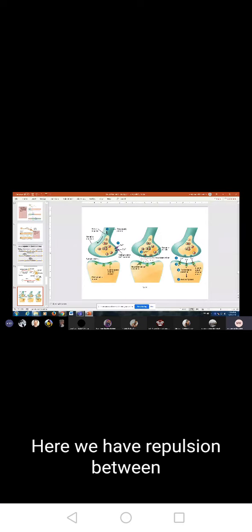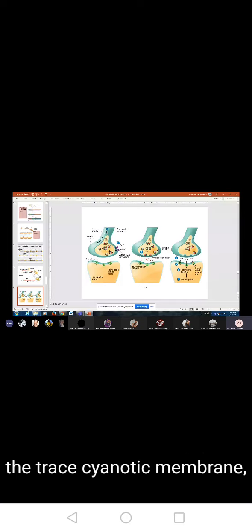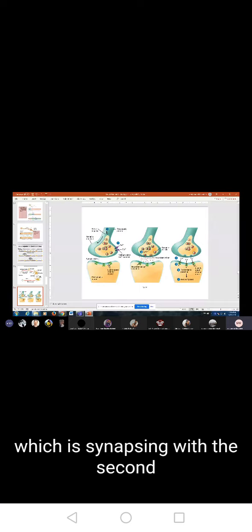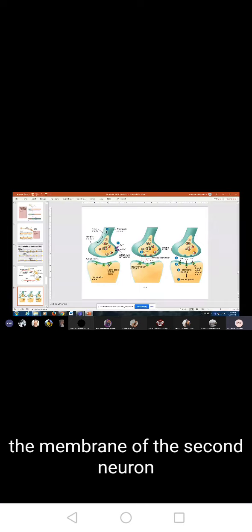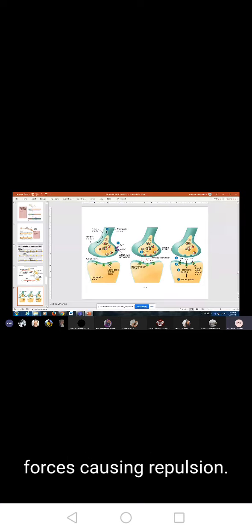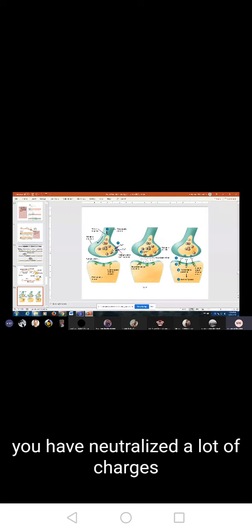Here we have repulsion between the presynaptic membrane, that part of the membrane of the terminal which is synapsing with the membrane of the second neuron, called the presynaptic membrane. We have repulsion, electrostatic forces causing repulsion. Now, once you have increased calcium concentration, you have neutralized a lot of the charges.